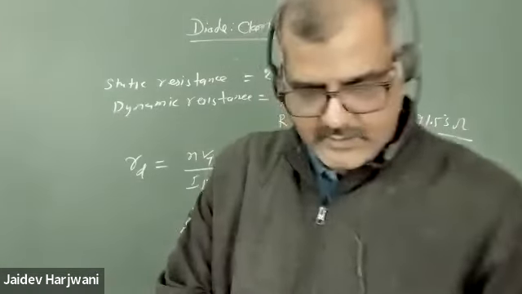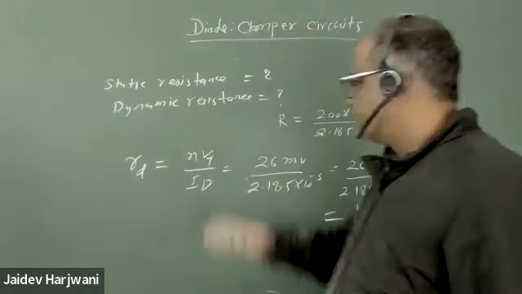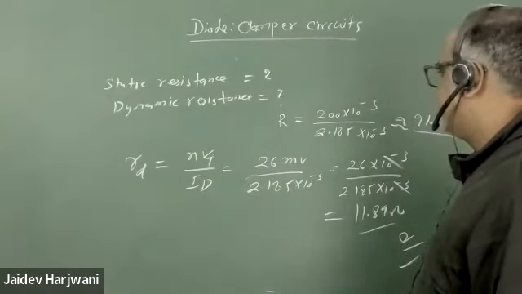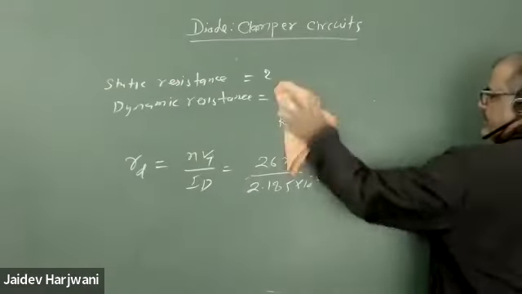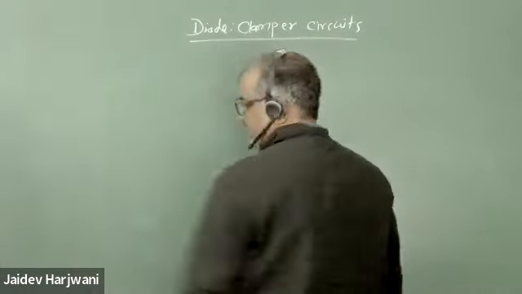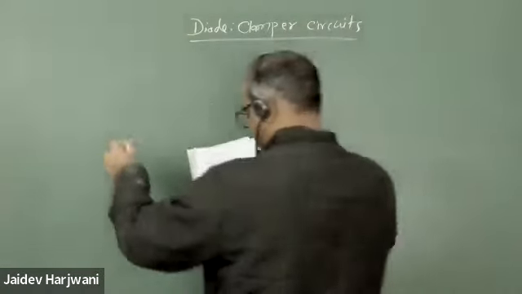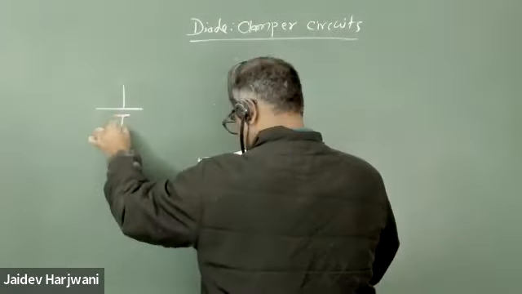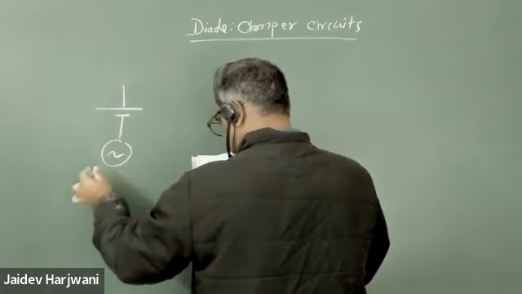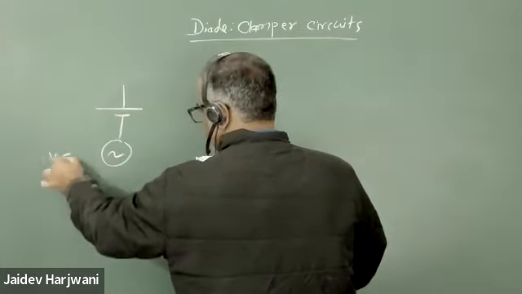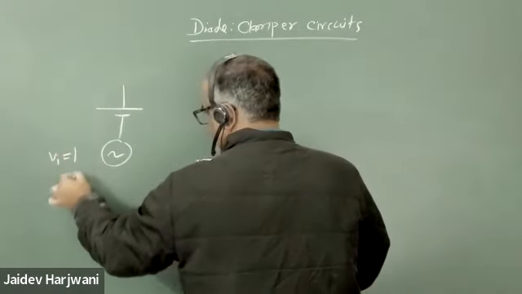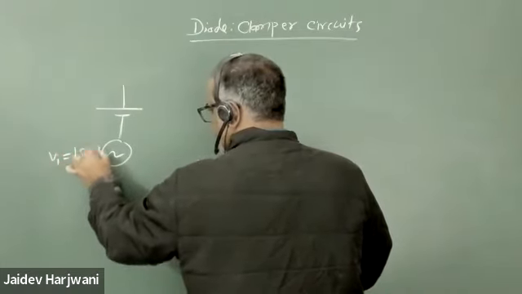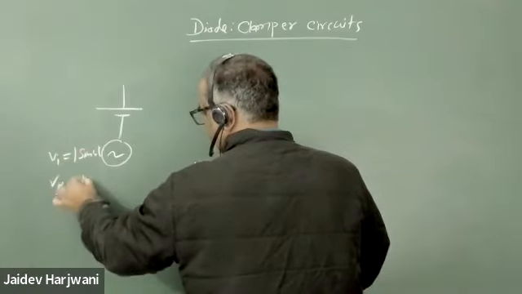Now let me show you how to deal with this kind of thing in the circuit. Whenever there is an AC source, you can replace your diode by a simple resistance. Say one question is there: the AC source is given, V input equals 1 sin omega t, which means the peak value is 1 volt.